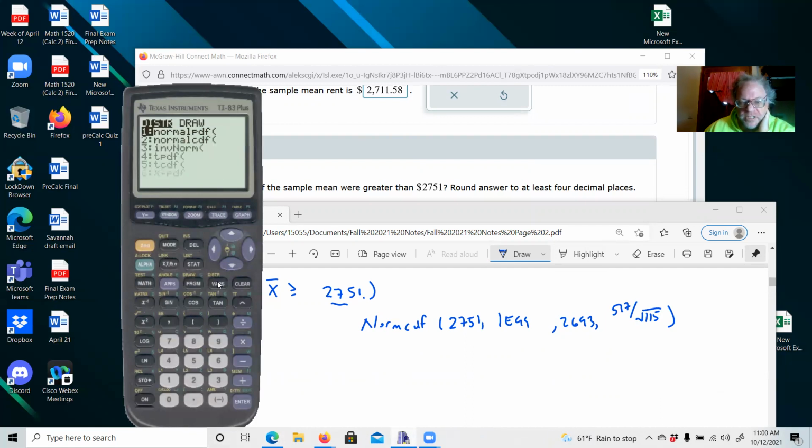Second function, distributions, CDF. 2,751, then the big number. Remember, it's not alpha EE, it's the second function, comma, because it's this little EE right here. 1 EE 99, then 2693 and 517 over the square root of 115.